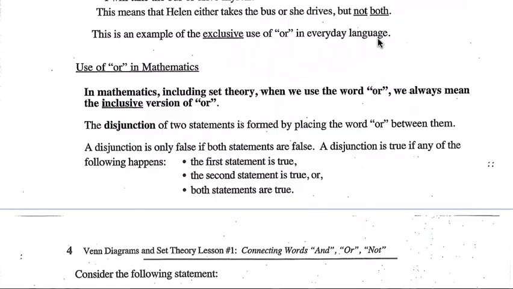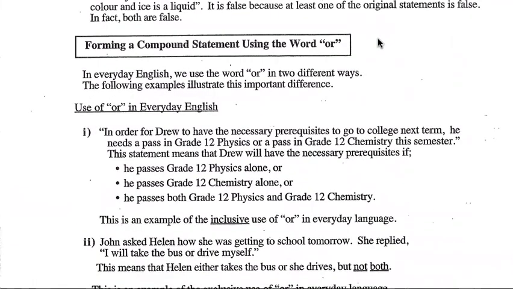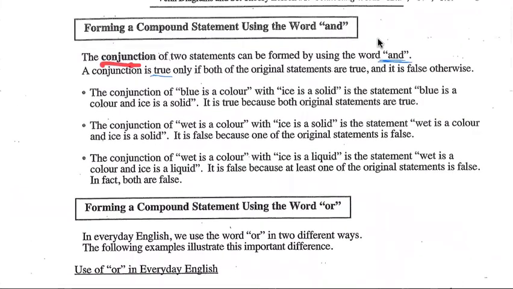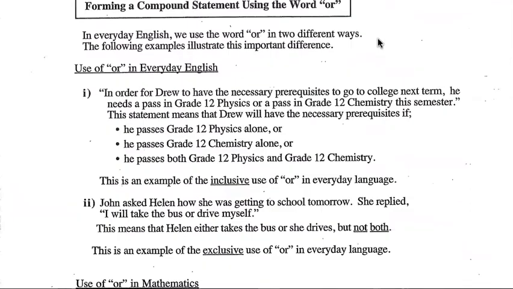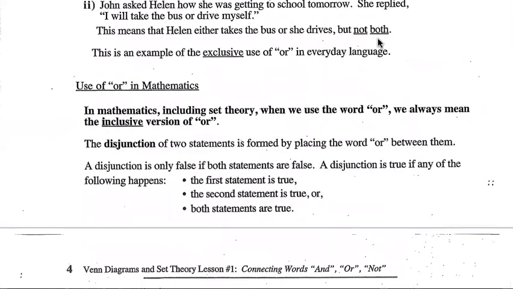When we use or, the disjunction of two statements is formed by placing the word or between them. So when we use and, it's called a conjunction. Way up here, and is a conjunction. When we use or, it's called a disjunction. The disjunction is only false if both statements are false.